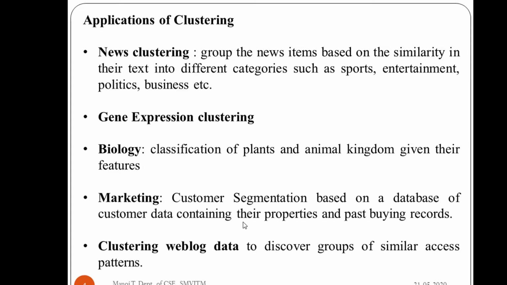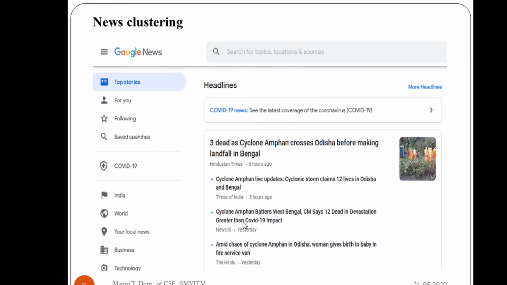We can cluster weblog data to discover groups of similar access patterns, that is, the users who are accessing similar kinds of websites can be clustered. Or in social network analysis you can cluster the users based on their interests. All these are applications of clustering. For news clustering, I have given an example of Google News.